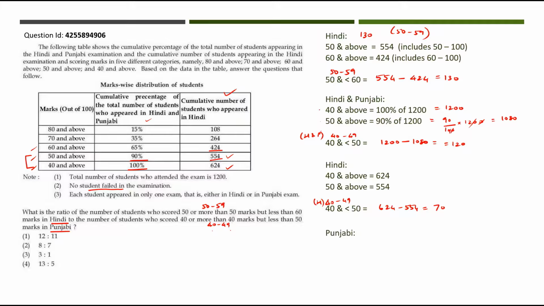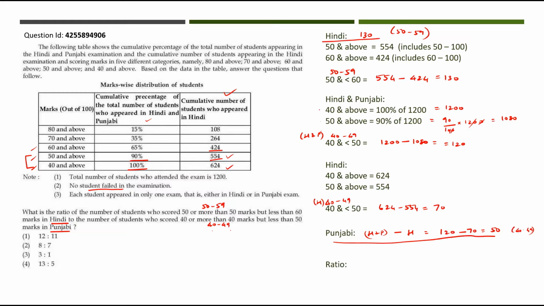So for Punjabi count, the Hindi plus Punjabi count minus the Hindi count has to be taken, which is equal to 120 people minus the Hindi count of 70. 50 people belong to the Punjabi category. So 50 students have scored between 40 to 49 only in Punjabi.